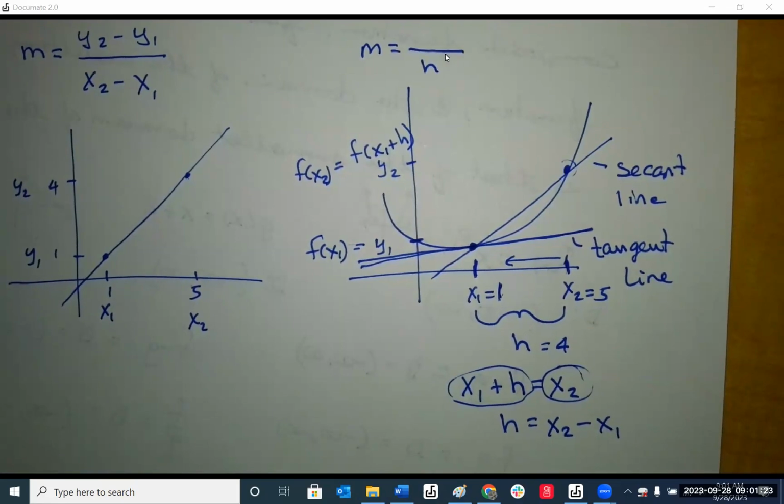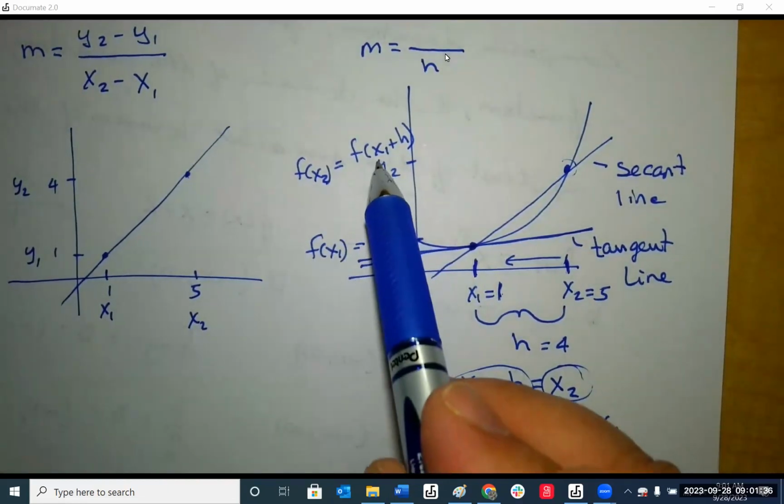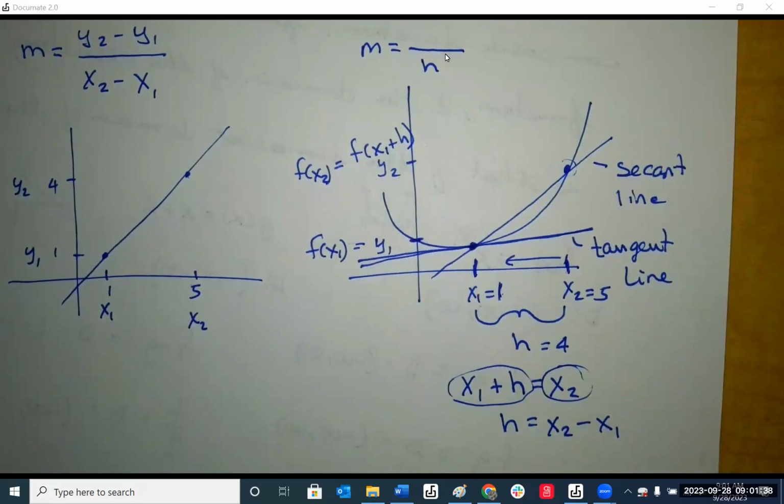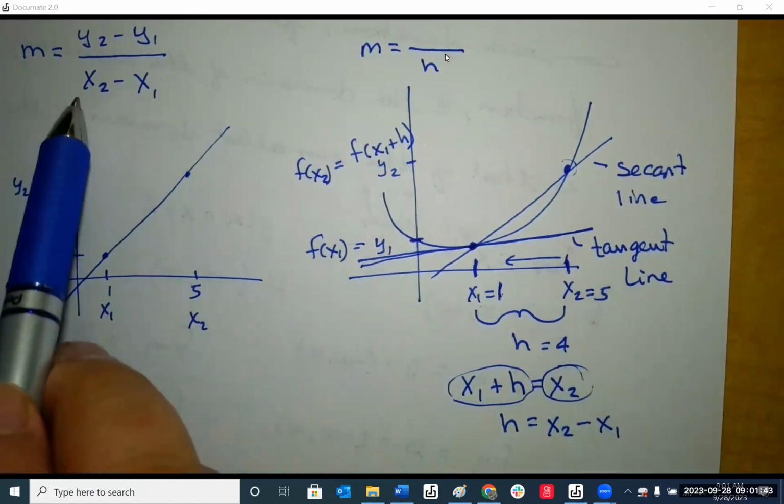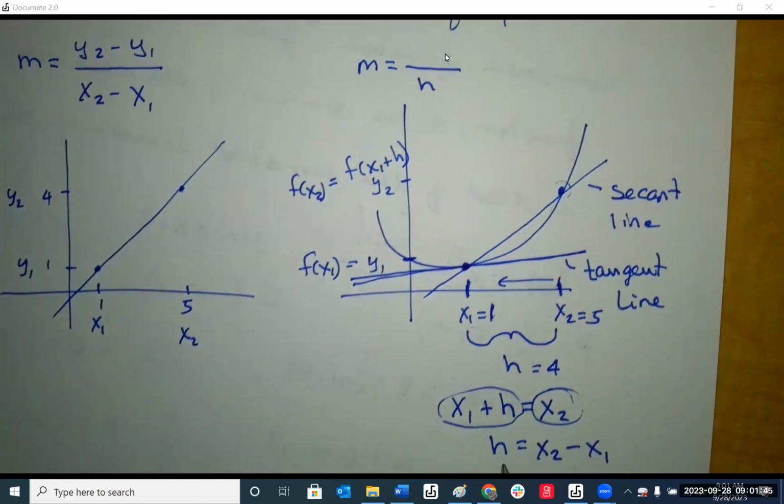So what have I just done there? I've eliminated the x2. I don't need it anymore, because x2 is now replaced by x1 plus h, and x2 minus x1 is replaced by h.